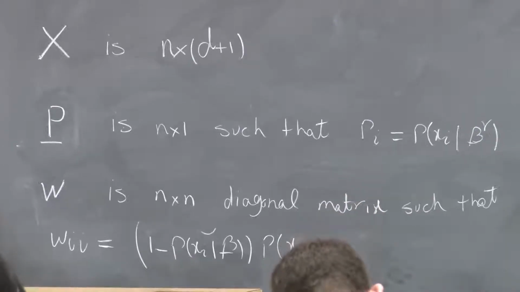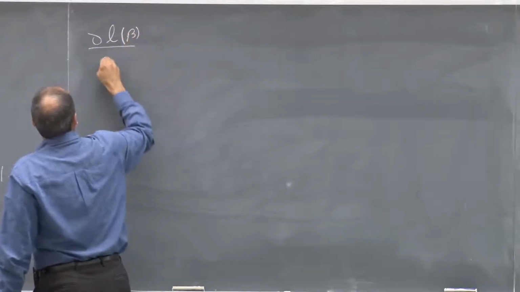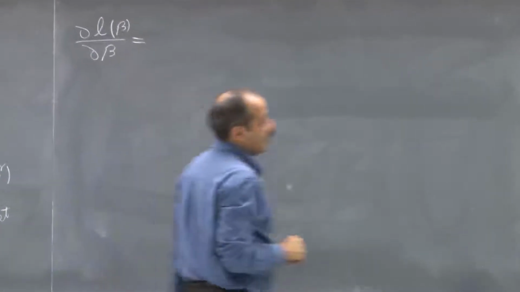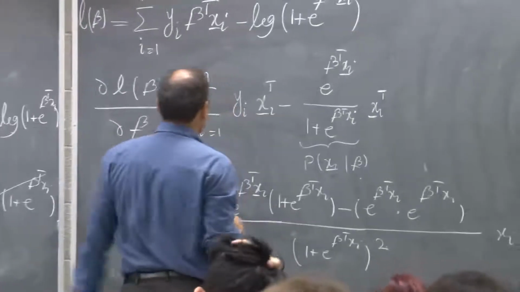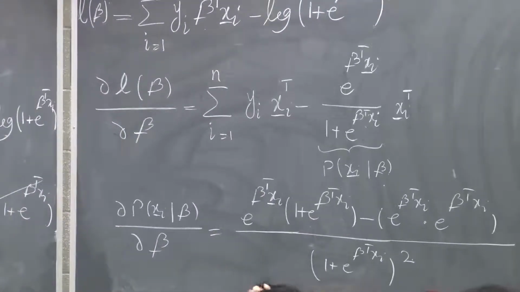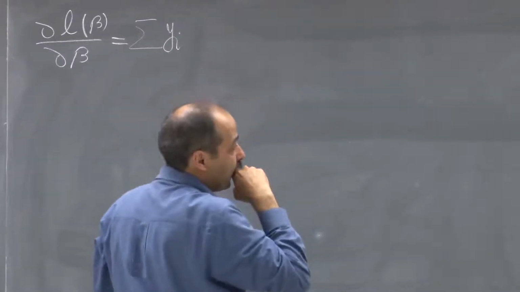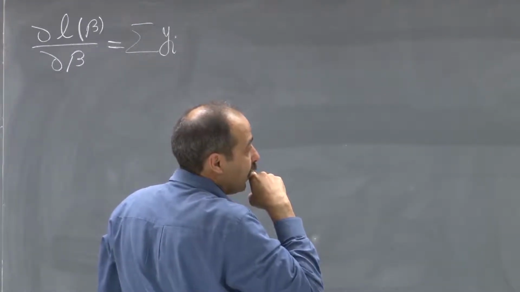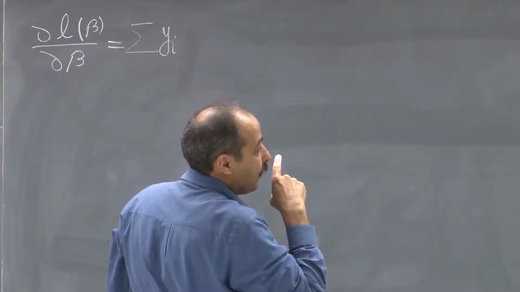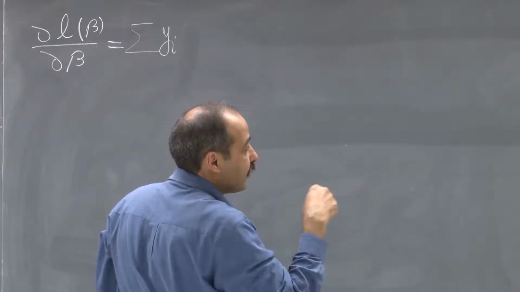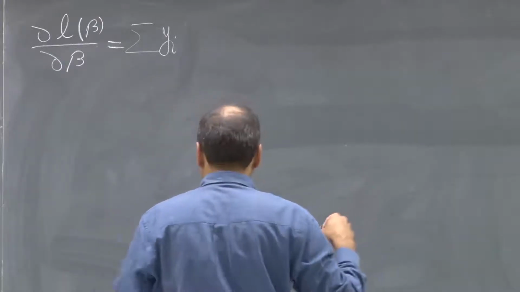Okay, so now I can write the first derivative using this matrix notation. I can write the derivative of L with respect to beta as a summation of yi times xi minus this p times xi.